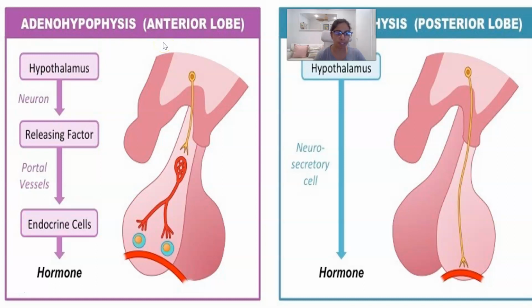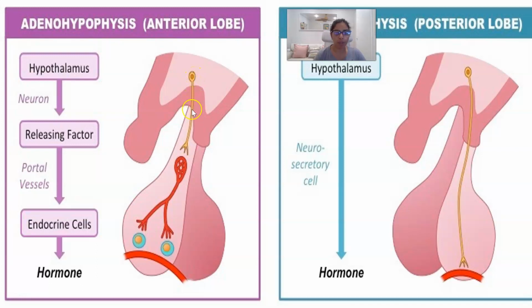So how this works is the hypothalamus will send out either a releasing factor or an inhibiting factor, but in this case we're looking at a releasing factor. This will be made in the cell body in the hypothalamus.